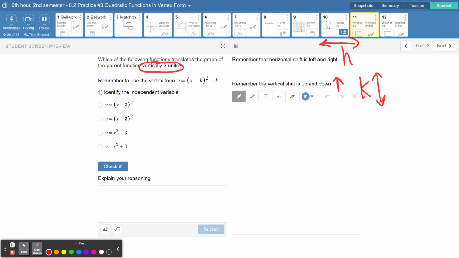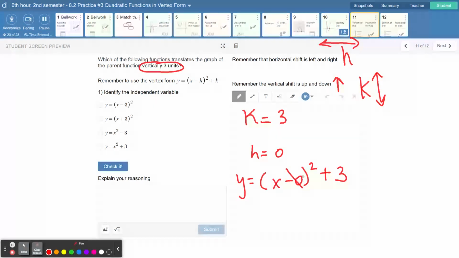So since k is your up and down movement, we know that k equals 3. Since it says nothing about horizontal left or right, then we can say h is really 0. There is no movement. So if we plug that in, which looks really weird because there is no movement, we don't need to write that.